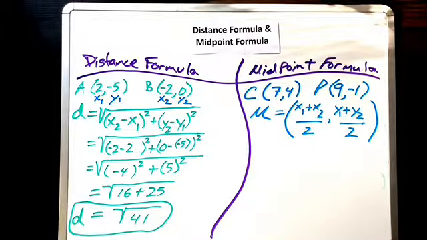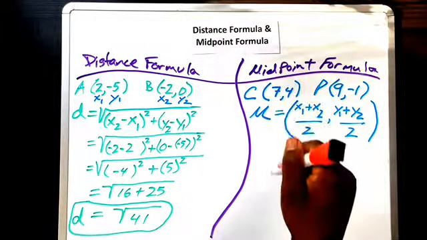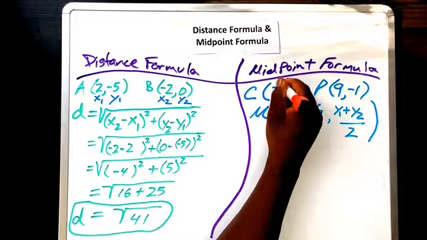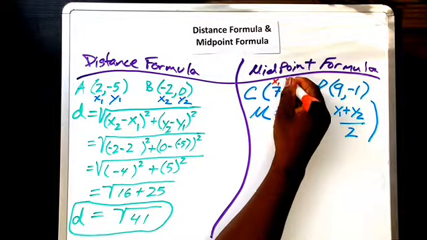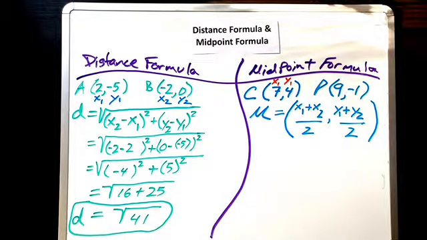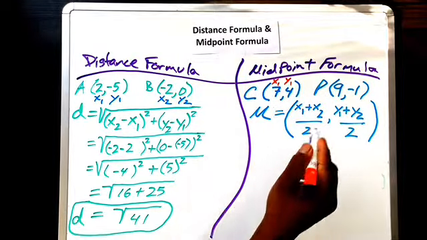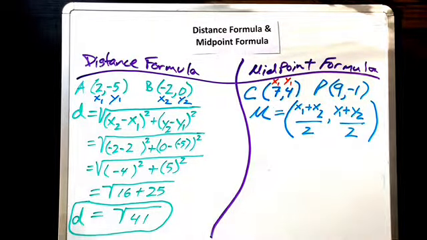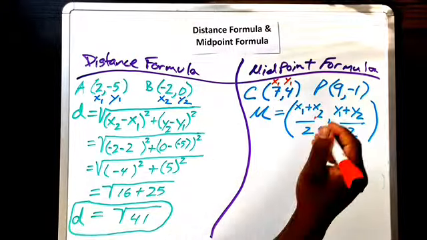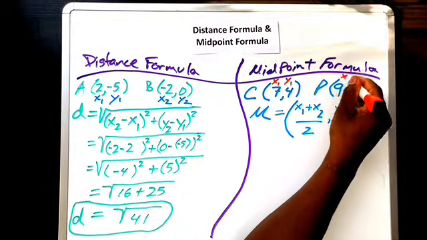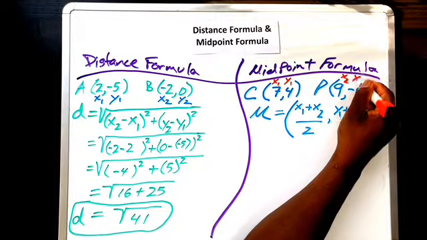So again, we need to designate or identify x sub 1 and y sub 1. I'll let this one represent x sub 1 and y sub 1, okay? And these two, the x and y coordinates over here for P will represent x sub 2 and y sub 2.